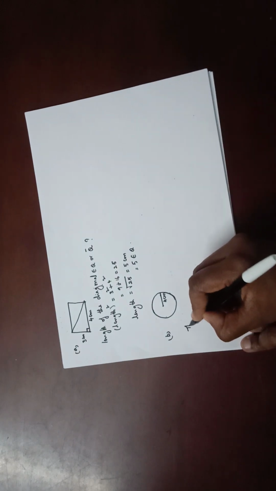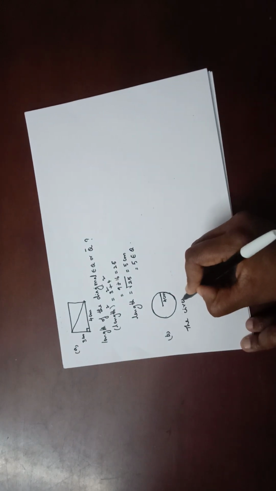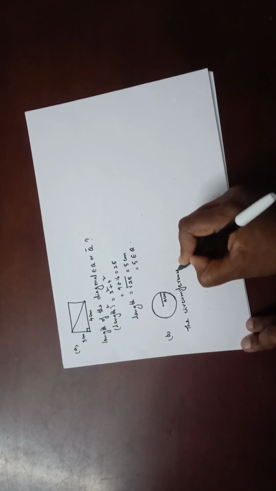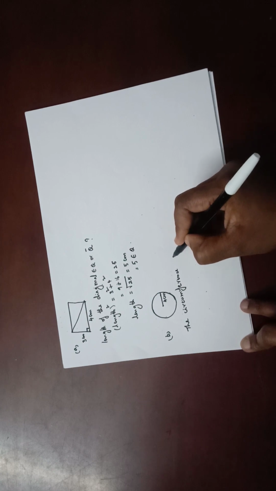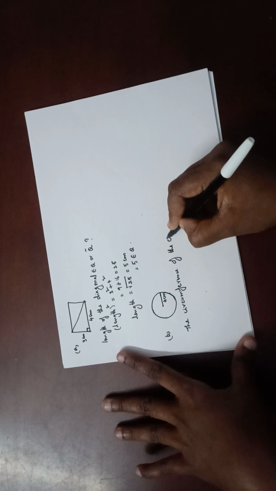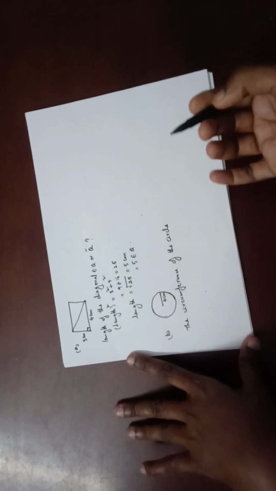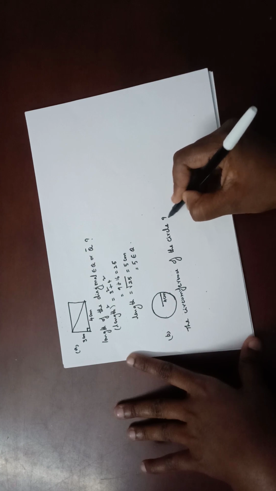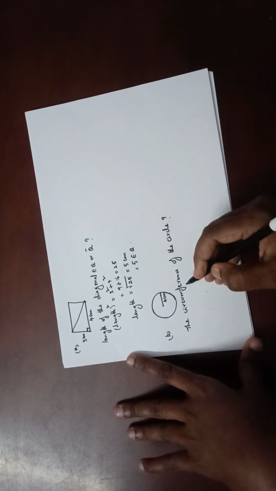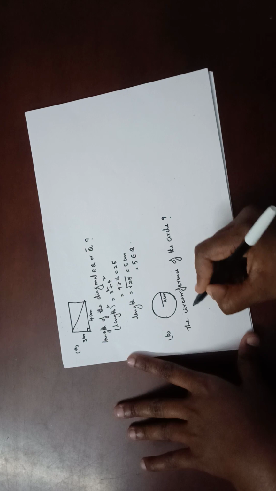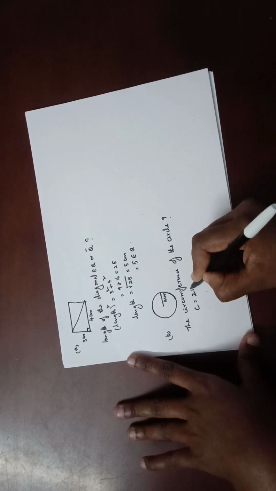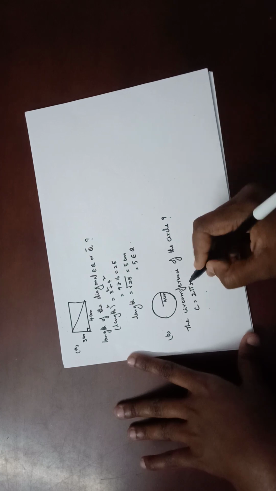This is the question: is the circumference of the circle rational or not? Okay, so now the circumference of the circle, C, equals 2 pi r. This is the formula.